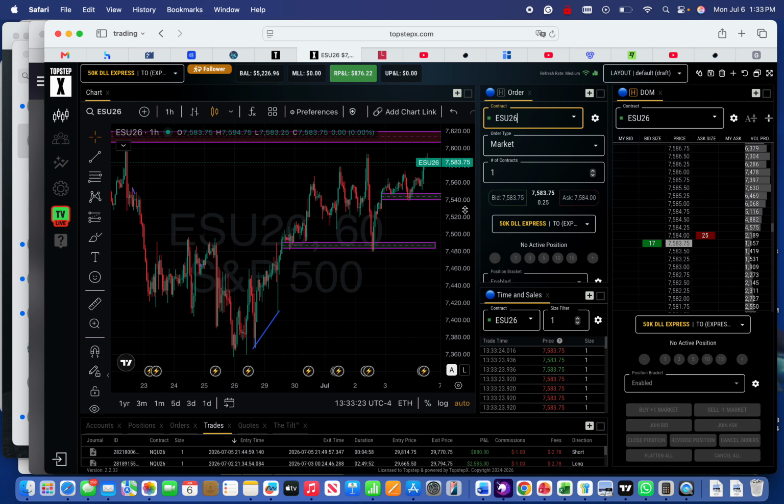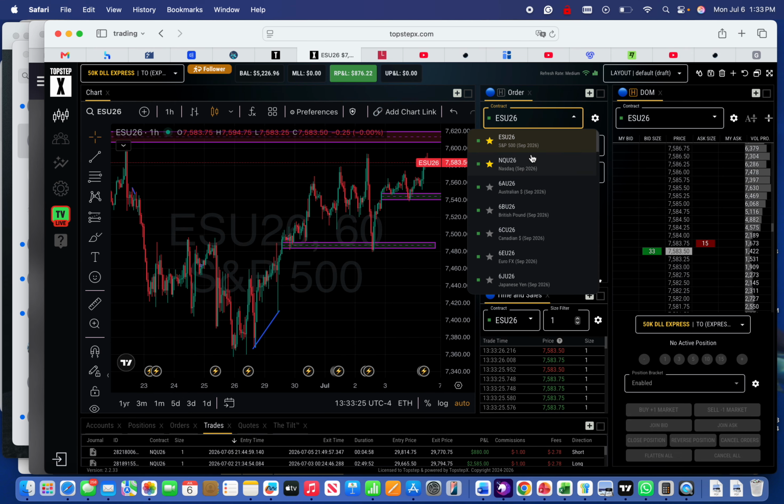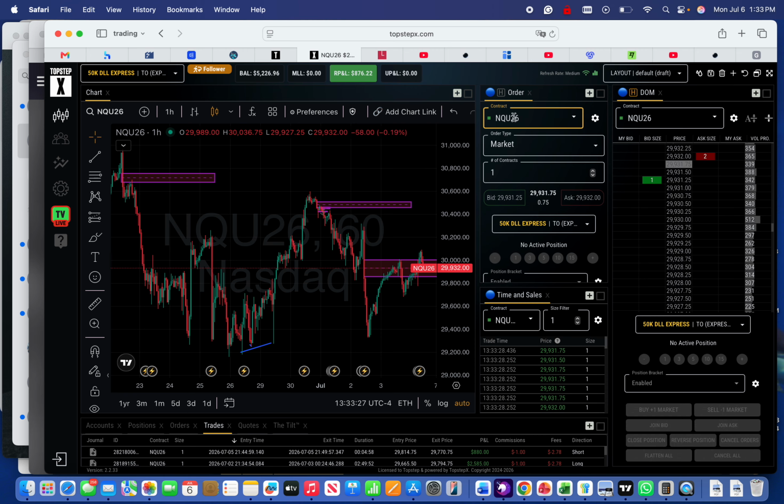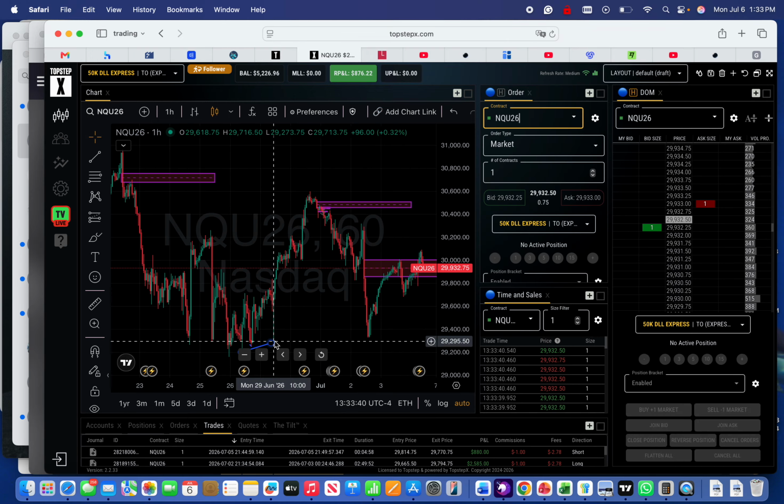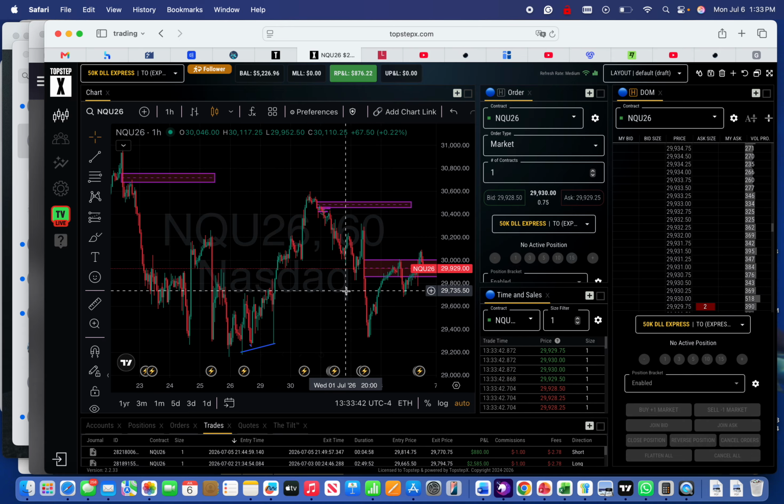So since they're correlated pairs and NASDAQ is the one lagging behind, you can make a fair assumption to say that NASDAQ is also going to go higher, because if you see ES is continuously going higher, and NASDAQ is going a little bit lower, then that is the lagging index, and you can take your trade off of the same trade that I just took.